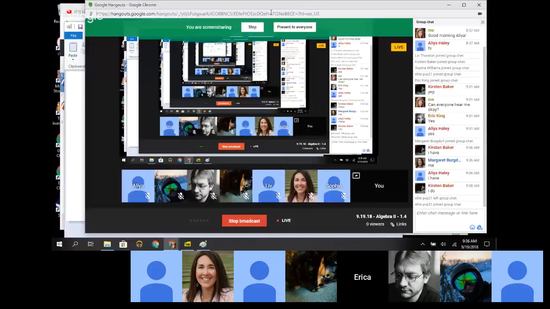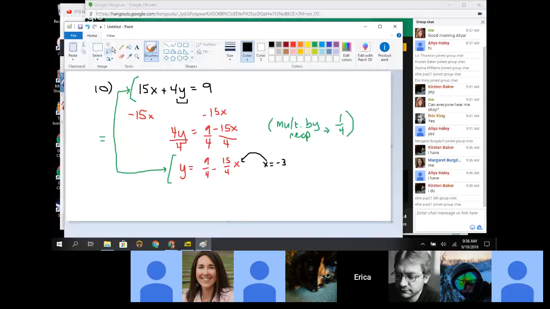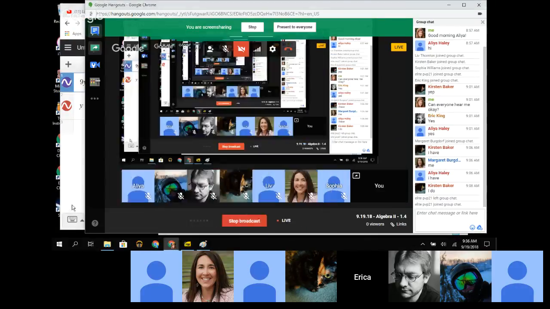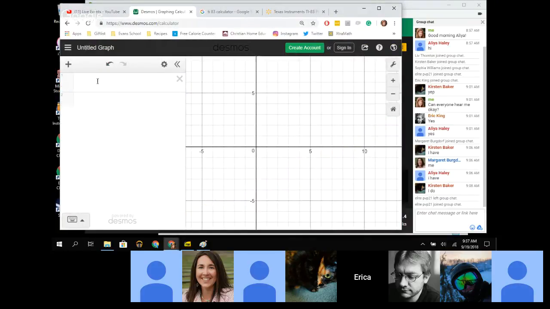Too many windows. I gotta get over here without closing anything. Okay, so my first equation that I had was 15x plus 4y equals 9, right? That's my first equation.